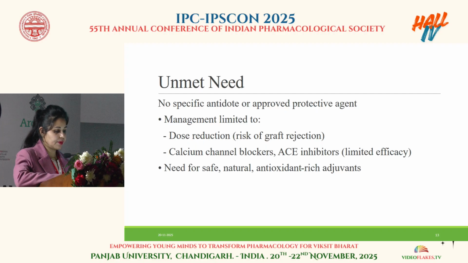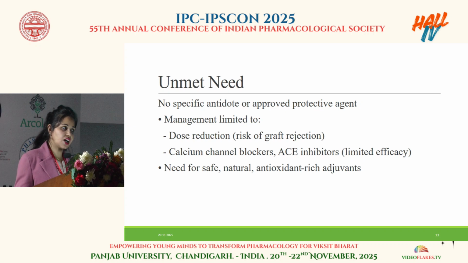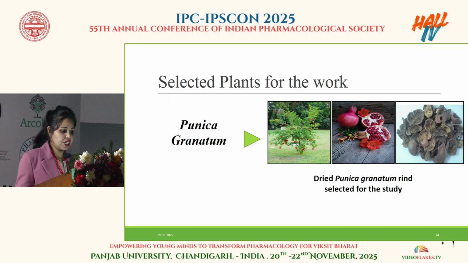So these two are the management process. So we need safe, natural, antioxidant-rich adjuvants that do not interact with this drug and possibly provide nephroprotective action. So I have selected Punica granatum. As we all know, in Unani it is called Gulnar.